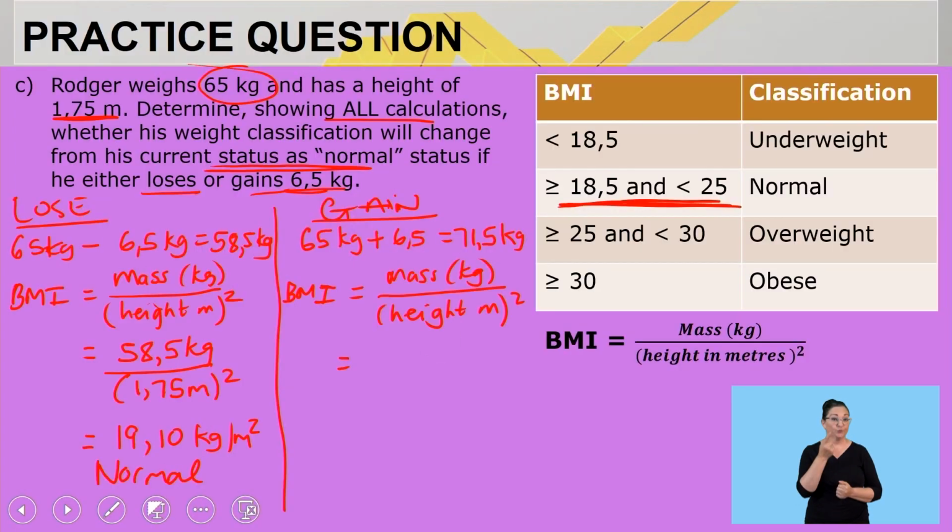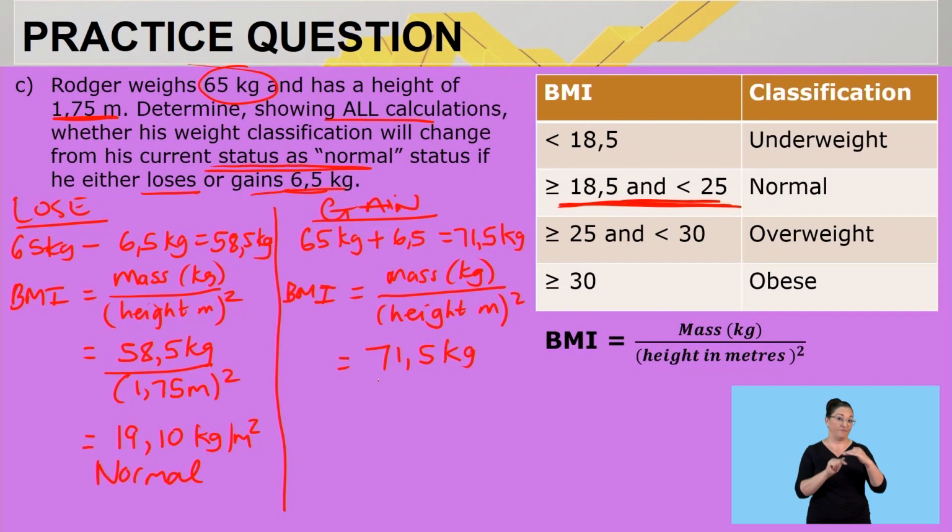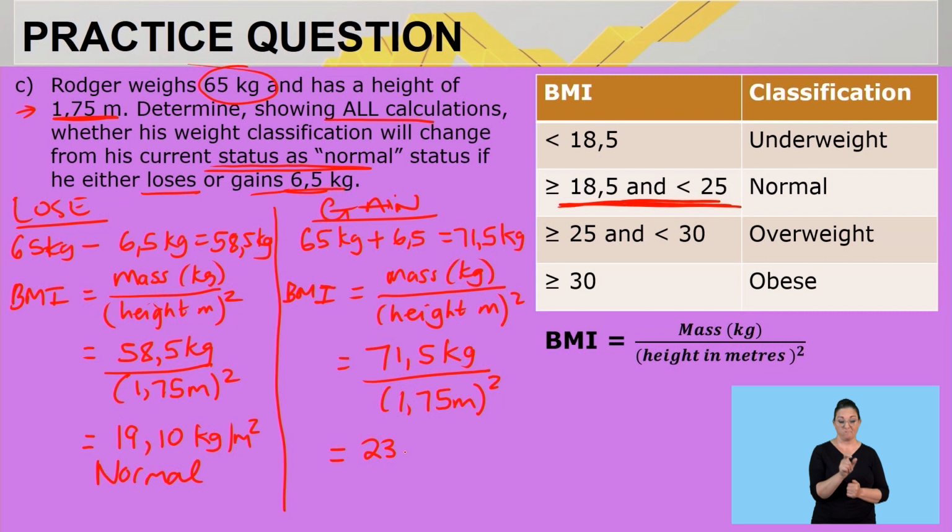His mass in kilograms now is 71.5, divided by his height of 1.75 meters, and remember to square that value. So 71.5 divided by 1.75 squared. Again I'll round off to 2 decimal places: 23.35 kilograms per square meter.